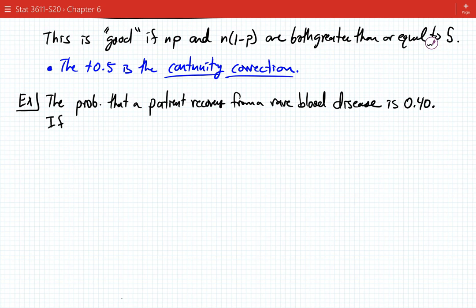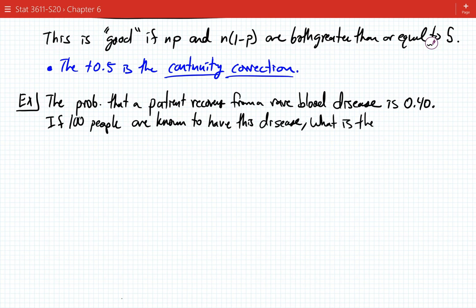If 100 people are known to have this disease, what is the probability that fewer than 30 survive?